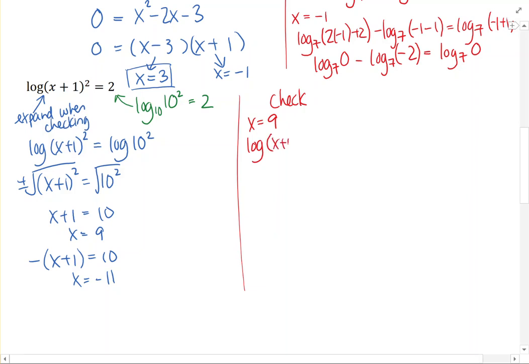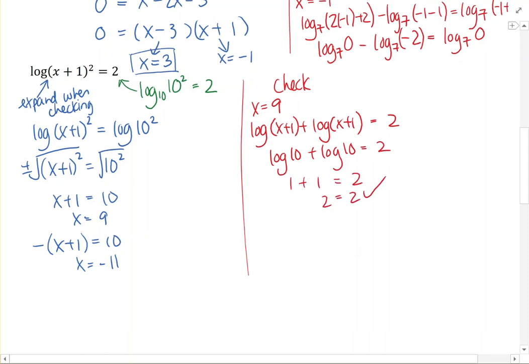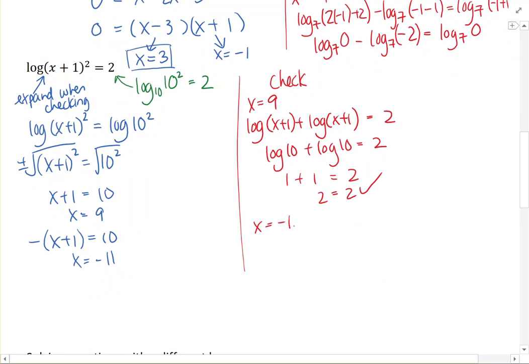So it's actually log (x plus 1) plus log (x plus 1), and that equals 2. So if x equals 9, we basically have log 10 plus log 10 equals 2. So log base 10 of 10 is basically just 1 plus 1 equals 2. So 2 equals 2. We're good. Now if we have negative 11, we have log (negative 11 plus 1) plus log (negative 11 plus 1) equals 2.